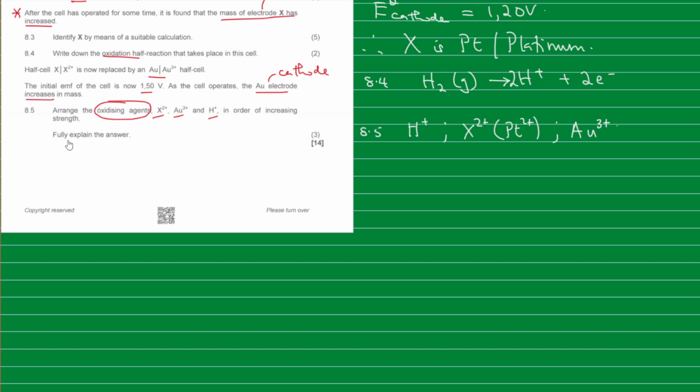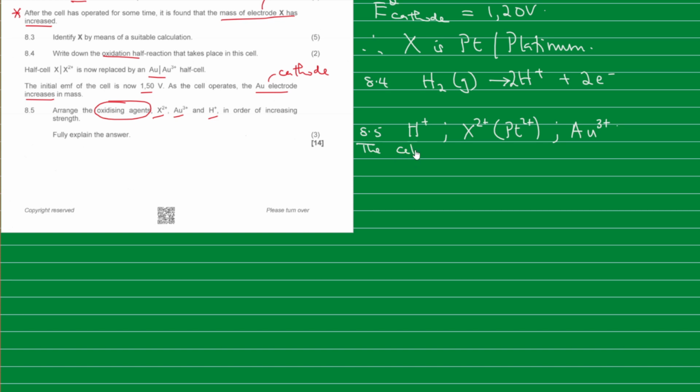Now, what reasons do we give here? They say fully explain the answer. So what we can give as the reason is that we find that when we used the Au3 plus, the EMF of the cell increased.